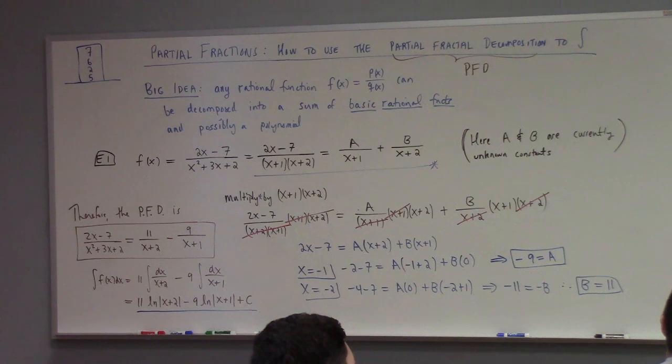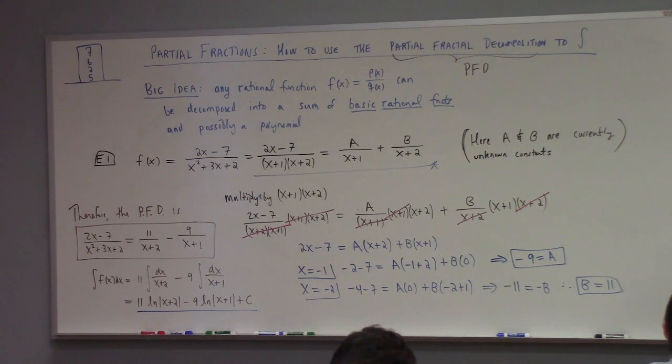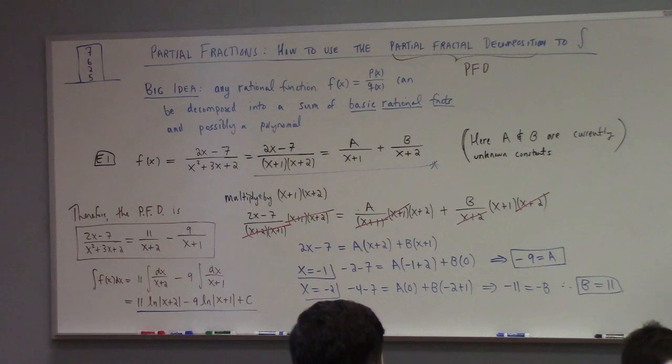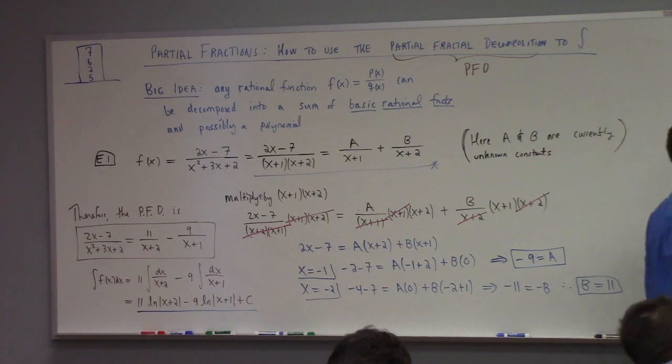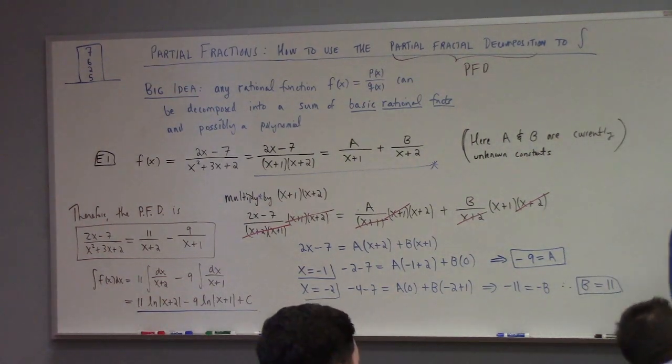We can complete the square in the denominator, and we get x plus 2 squared plus 1. So, in other words, irreducible, right?